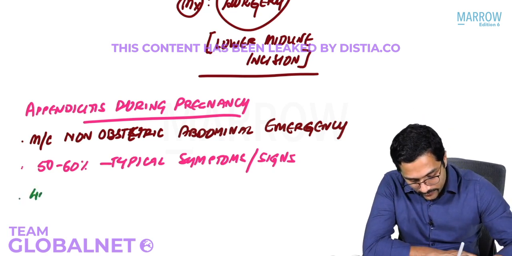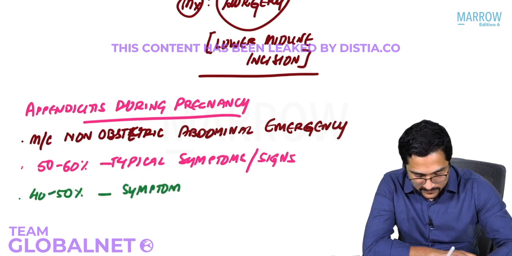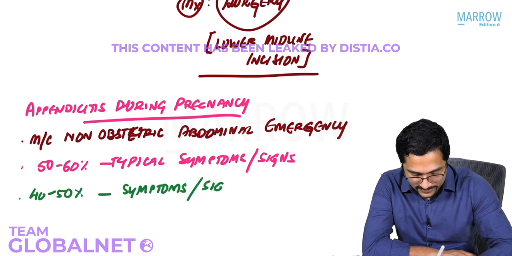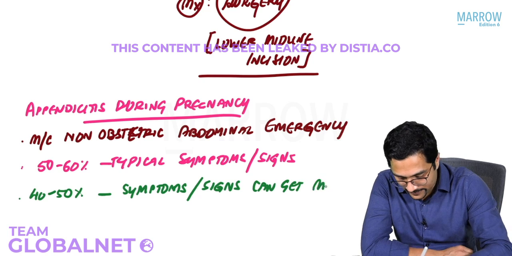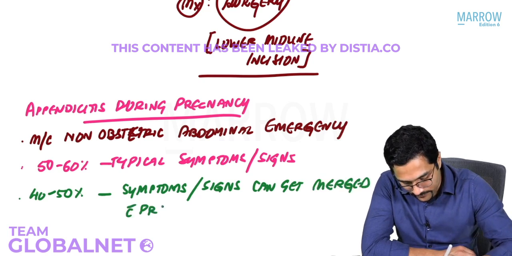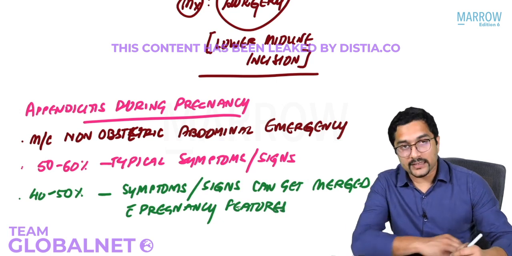In 40 to 50% of patients, the symptoms or signs can get merged with pregnancy features. And what are these signs and symptoms?